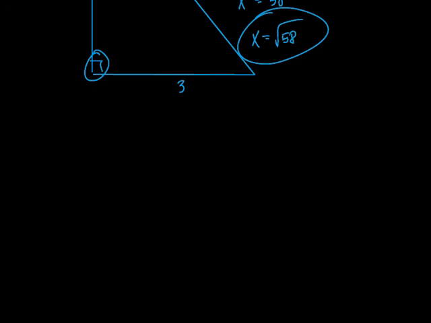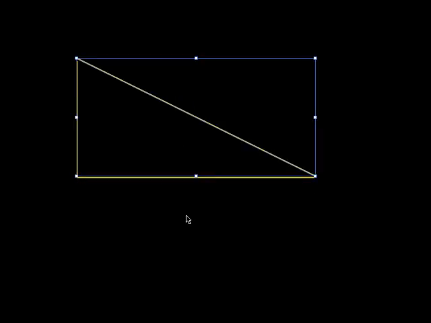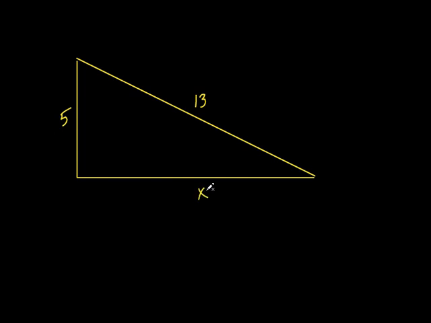What if they did this? What if they give you a right triangle? Again, I'm just making numbers up here. Let's say that that's 13, and let's say that's 5, and let's call that one x. What about that?